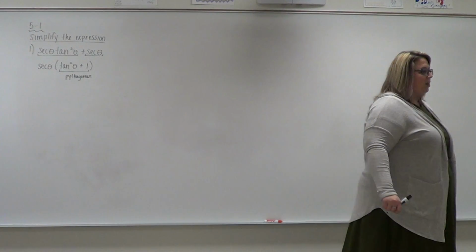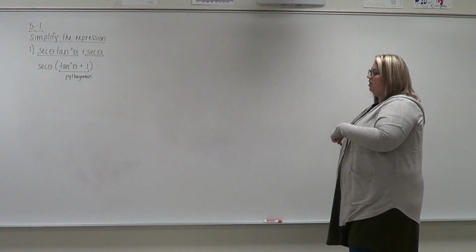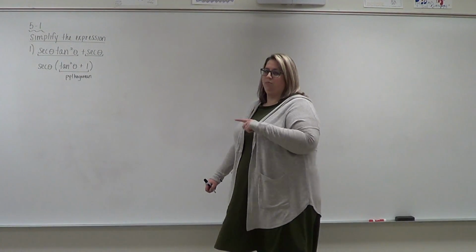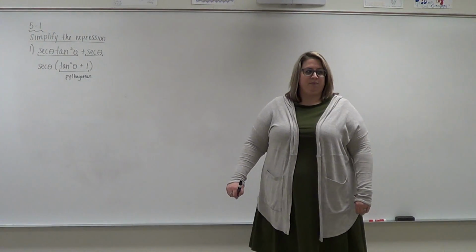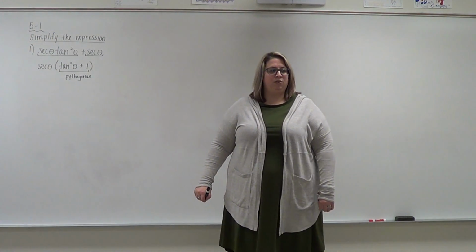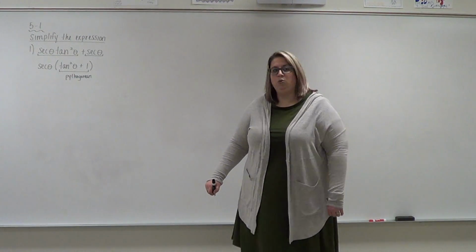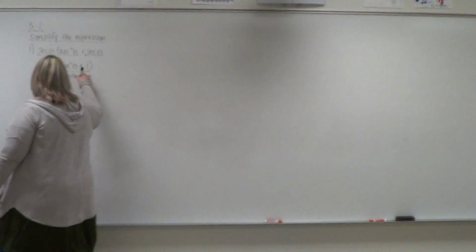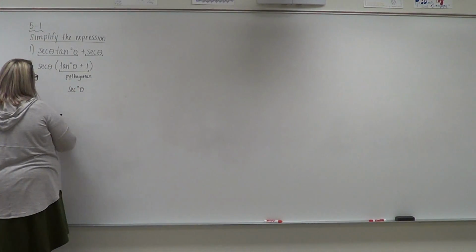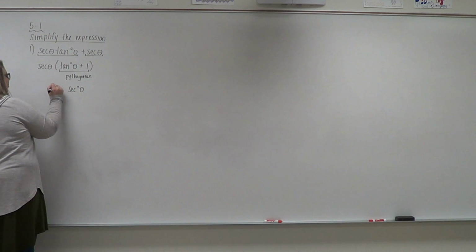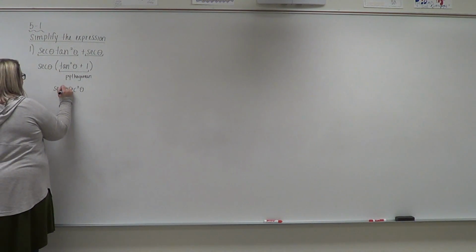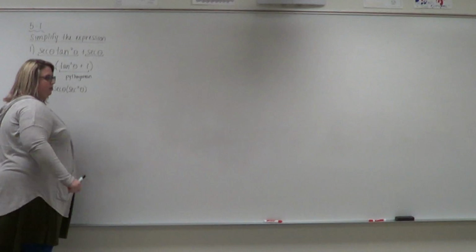Do you see something that has either 1 plus tangent squared or tangent squared plus 1? Yes. Okay, what is it equal to? Secant squared u. Secant squared, right? So we're going to replace this with secant squared because that's what it was equal to. So I replaced this and I left the secant that was on the outside.